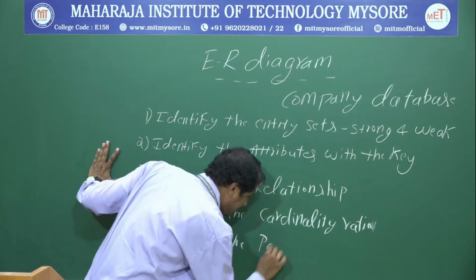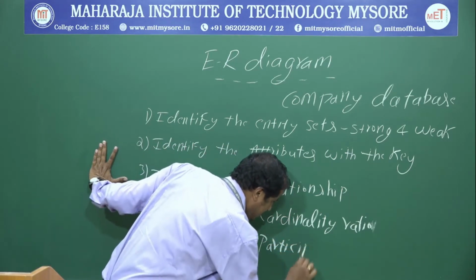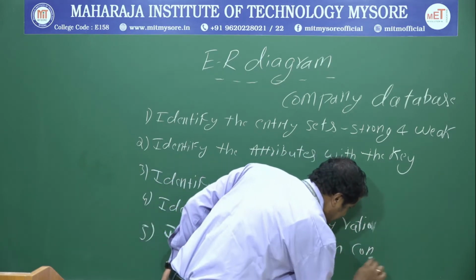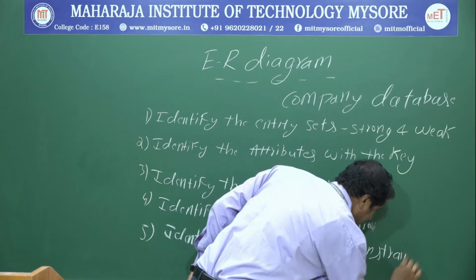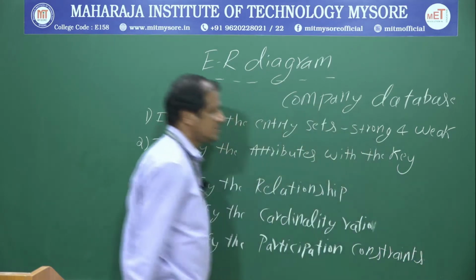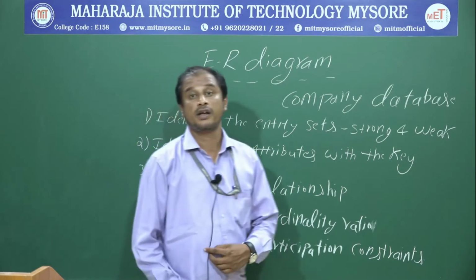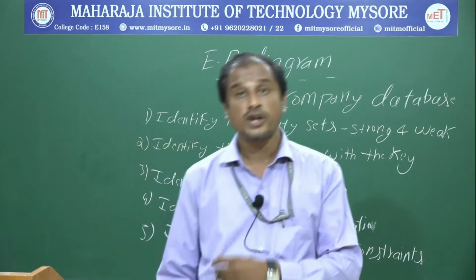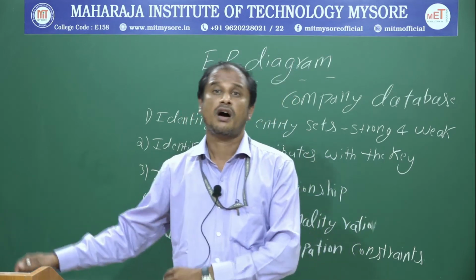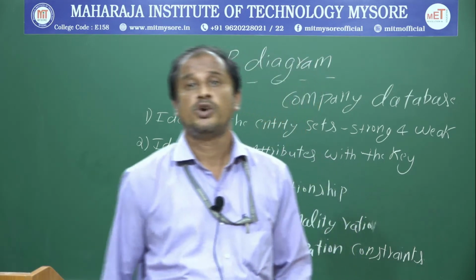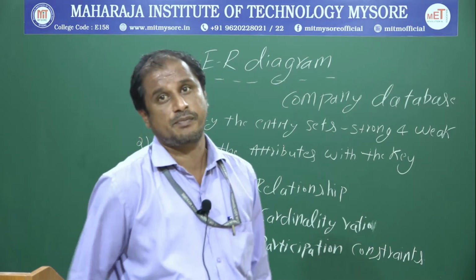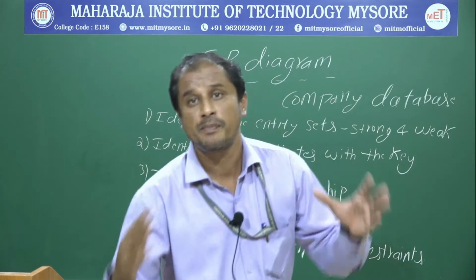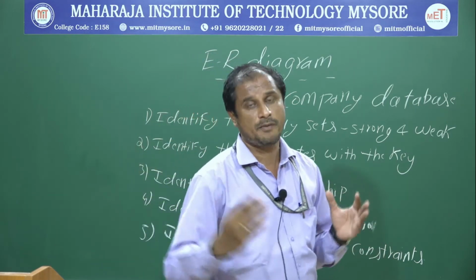Then identify the participation constraints. The next step is to identify the participation constraints, meaning you want to identify total or partial participation. Many employees work for one department, where everybody is participating in the department.